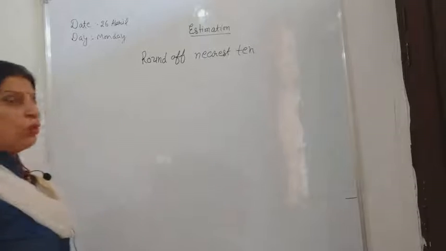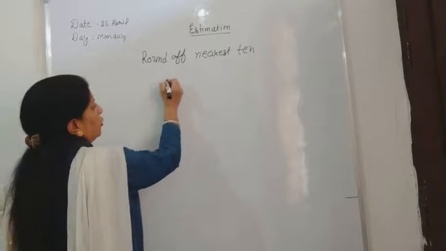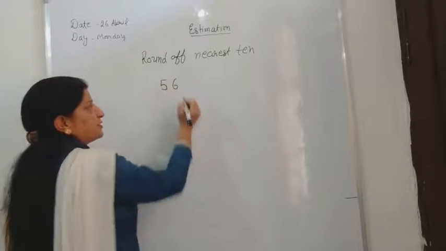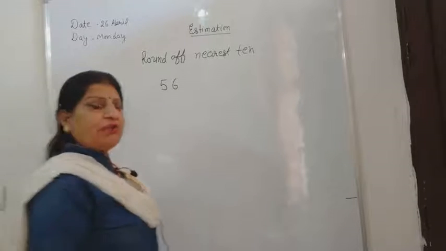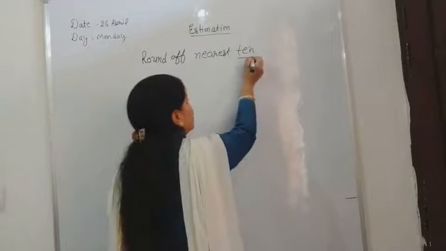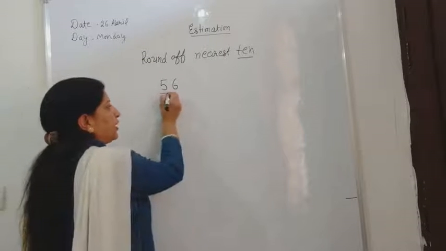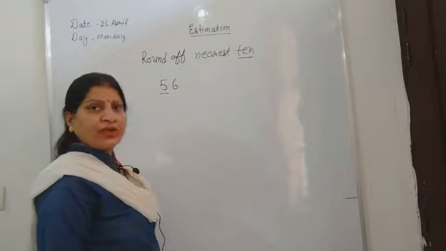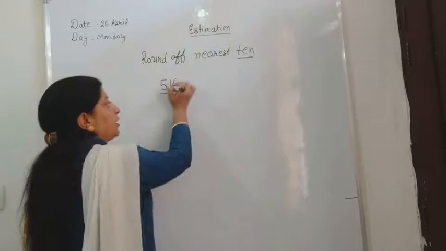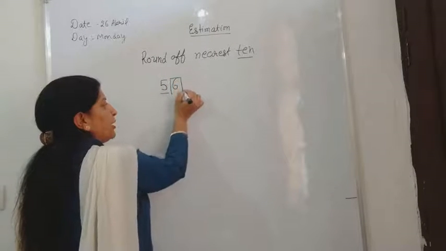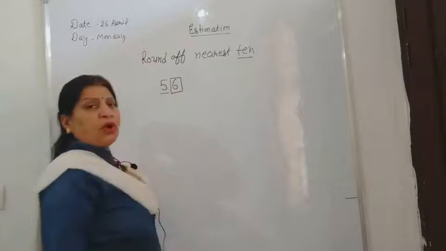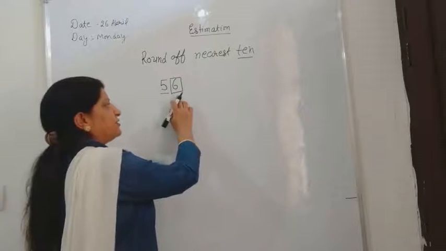Let us take one number, 56. Because we have to round off to the nearest 10, first we underline the 5 in the tens place, and we make a box around the ones place digit.